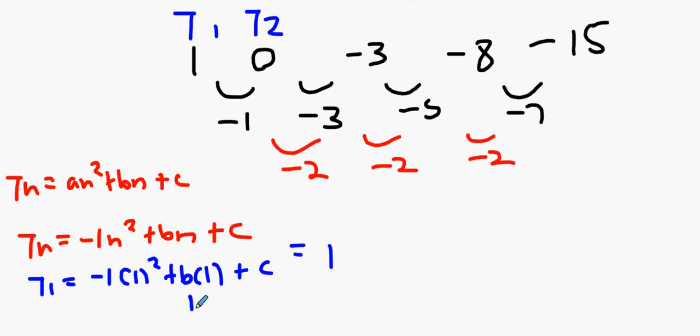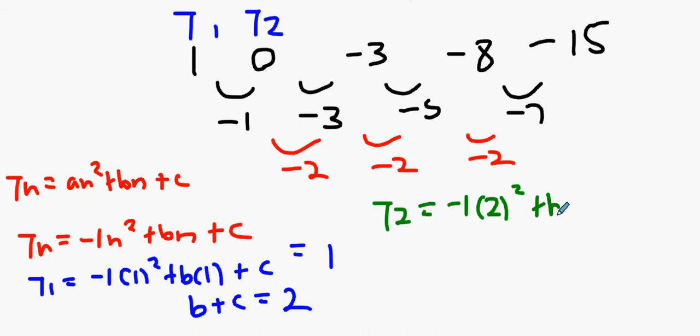We're going to get b plus c equals, that's minus 1 on the left, which will make it plus 1 on the right. b plus c equals 2. Then we're going to go for T2 in green, which is minus 1 times 2 squared plus b times 2 plus c equals 1. 2b plus c, that's minus 4 on the left, which is plus 4 on the right, which will be 5. I'm going to take the blue one away from the green one.